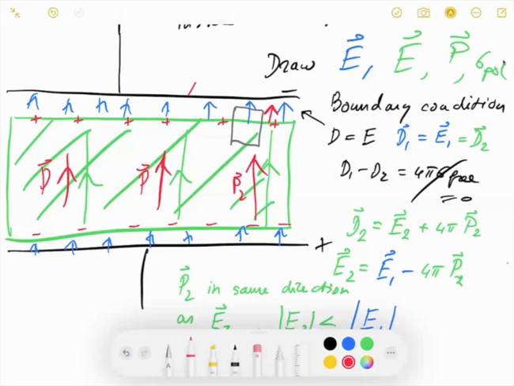So this is sigma pol. The signs here might be surprising to you, the fact that the P and the E field are pointing in the same direction, but that's just the way it is. And it's because it's not a regular electric field, it's the polarizing field and it's the displacement field.